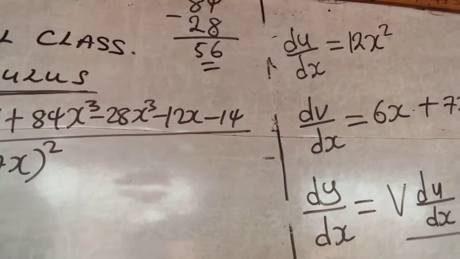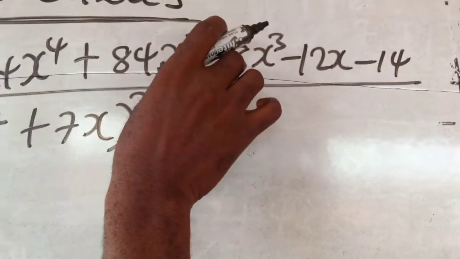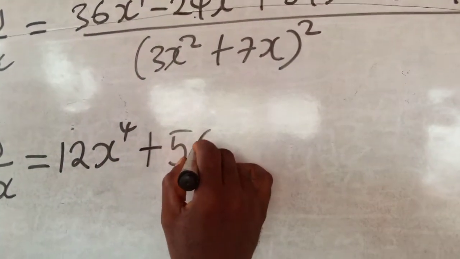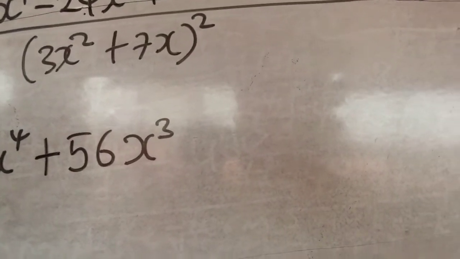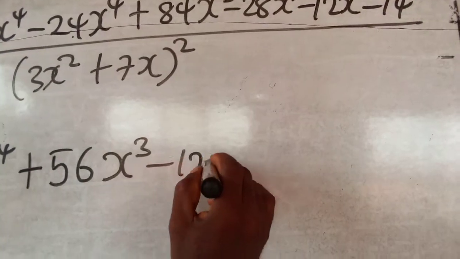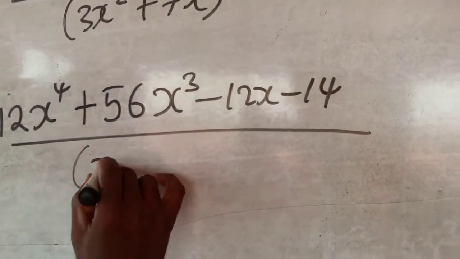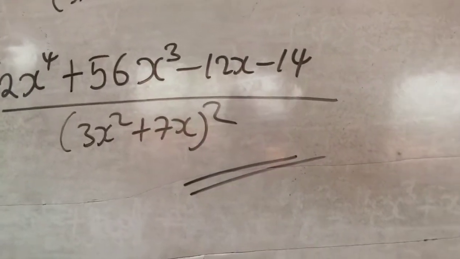So you have 56s raised to power 3. Then minus 12s minus 14 all over 3s squared plus 7s, and this will be the answer.